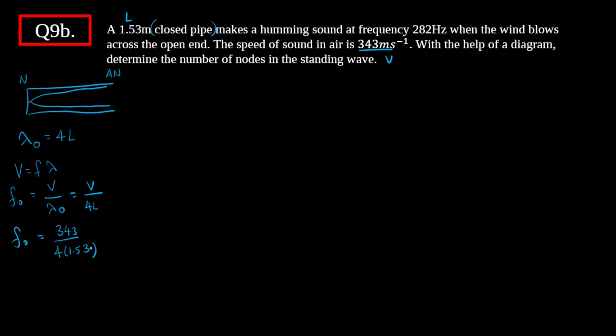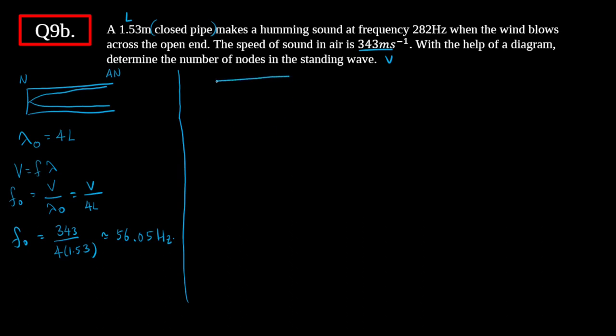I can, of course, calculate it: 4 times 1.53, and that leaves me with approximately 56.05 hertz. Okay, so let us draw, because this is the fundamental frequency, the first overtone.